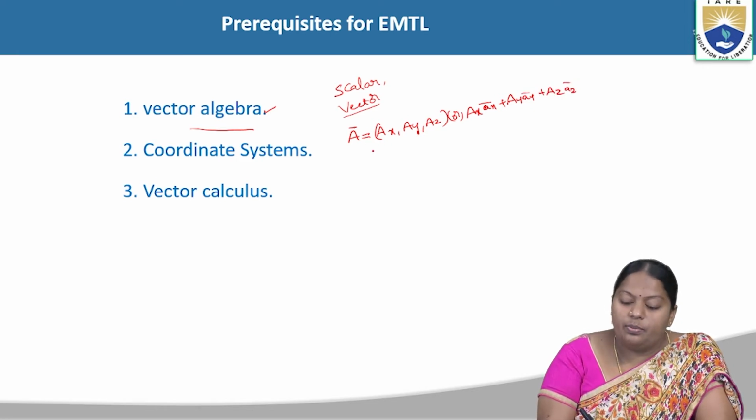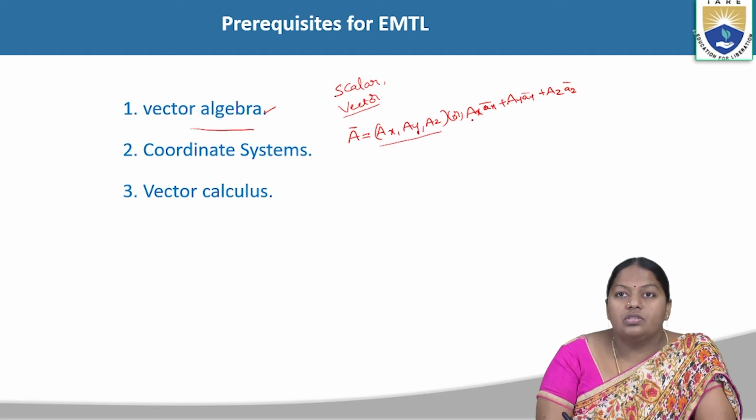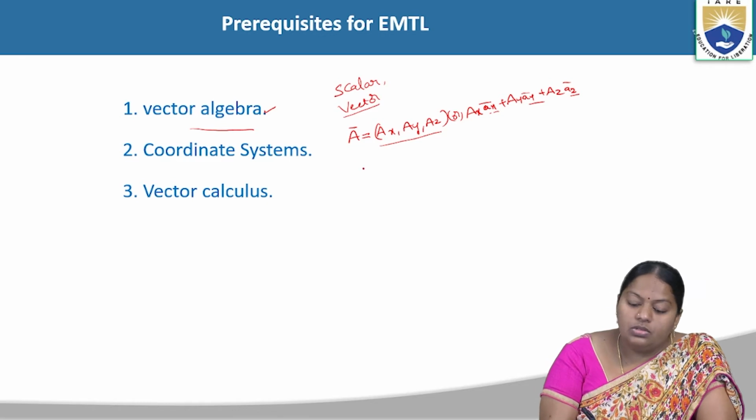This is the way we can represent the vector form. The point form representation has only the magnitudes in the three directions, and the unit vector representation includes all the magnitudes along with the unit vector directions in the respective x, y, z, that is Ax ax plus Ay ay plus Az az.